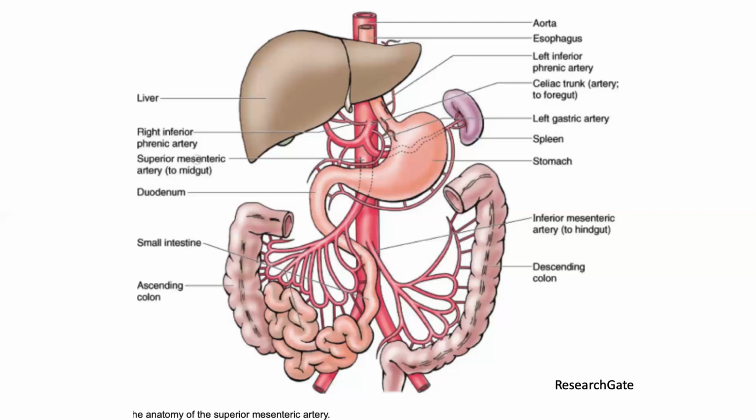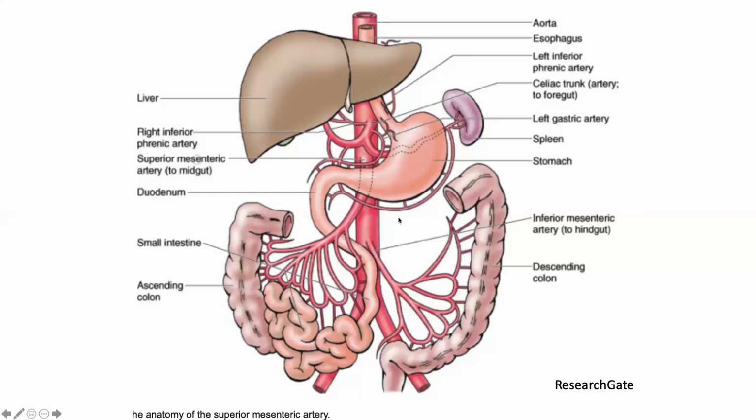2/3 of the transverse colon. And the inferior mesenteric artery gives blood supply to the left 1/3 of the transverse colon, the descending colon, and the sigmoid colon. So these are the blood supplies of the gastrointestinal tract.